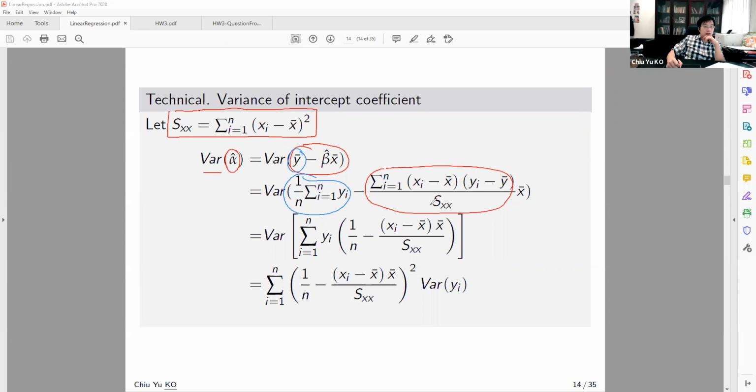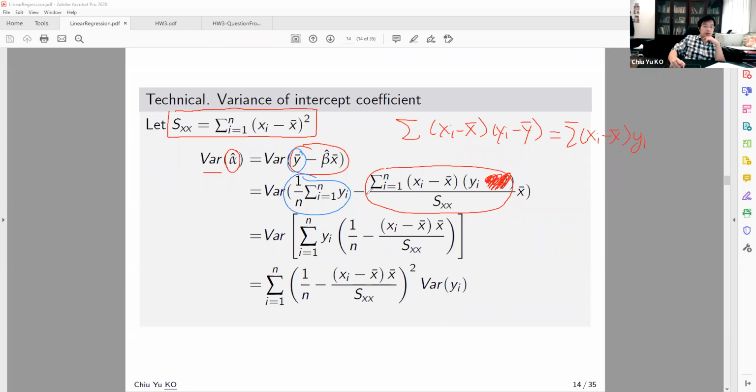And what I do here is, remember, I can forget about the y bar, because we have proven this to be true, same as forgetting the y bar.